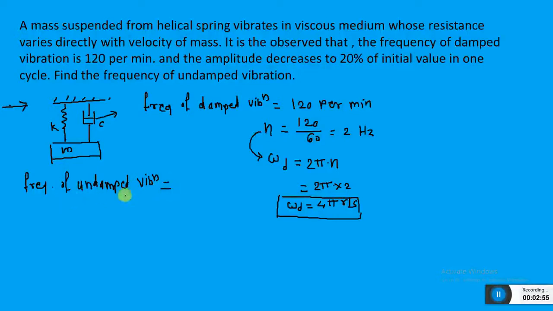So frequency of undamped vibration is represented by the omega n. To find out this omega n, the information about the reduction in the amplitude is given. So this amplitude reduction after one cycle is equal up to 20%.